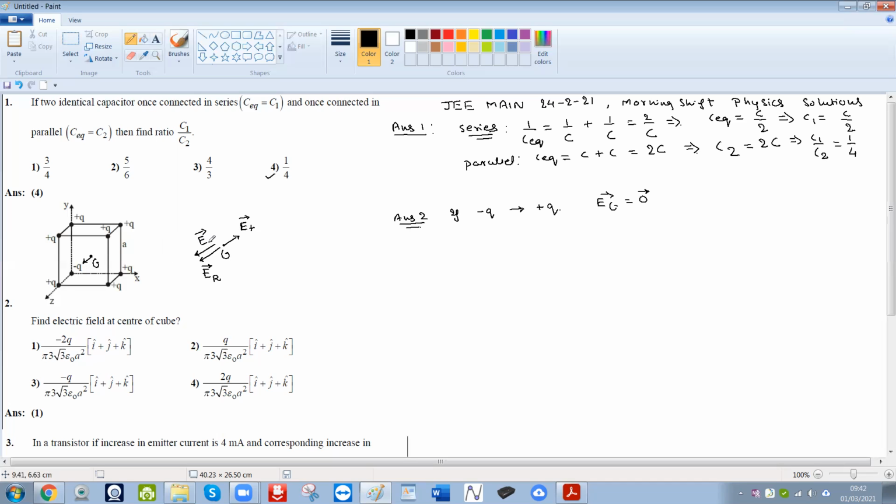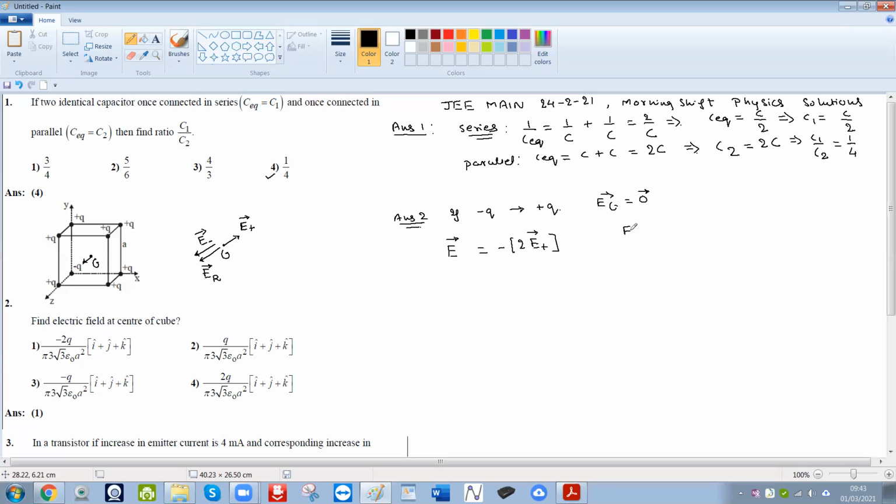So we can very well imagine that resultant field due to given distribution of charges should be equal to negative of 2 times field due to a positive charge plus q placed at origin.